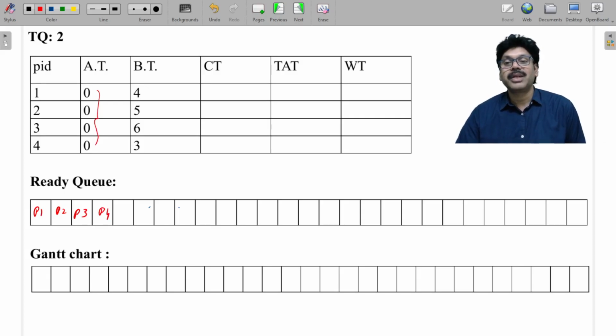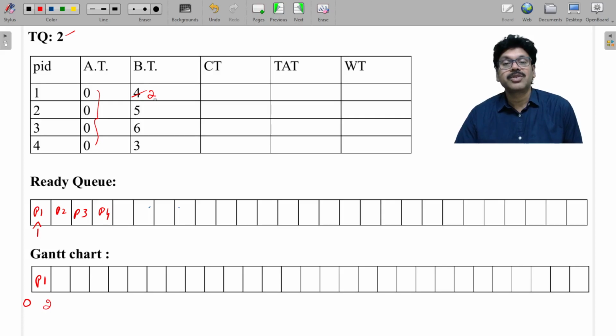The first, P1, gets executed at 0, because it is at the front of the ready queue. Then P1 is executed up to the time quanta of 2 units only. Balance is 2. P1 is not completed, right?